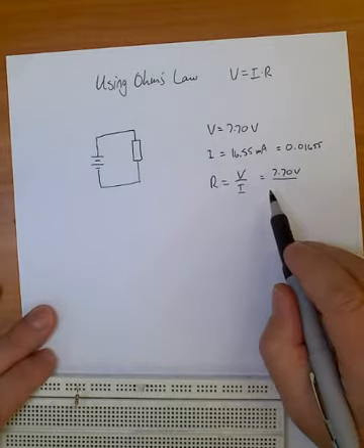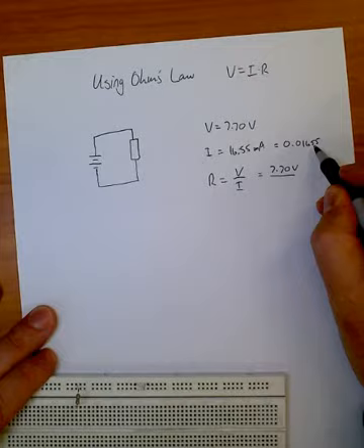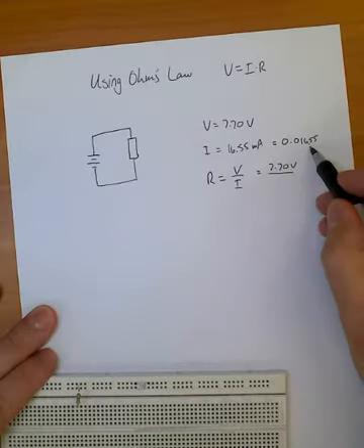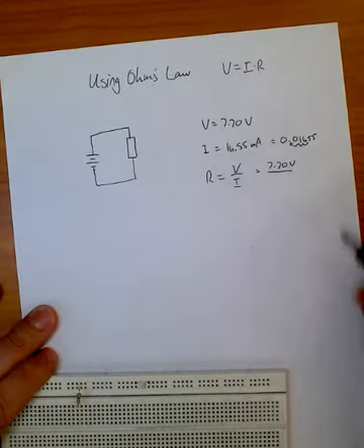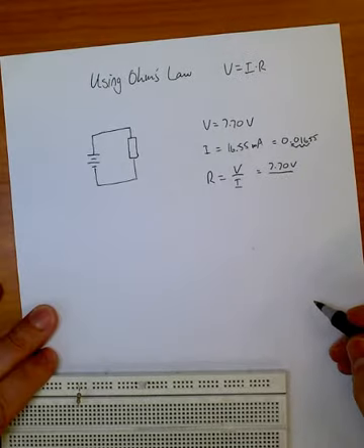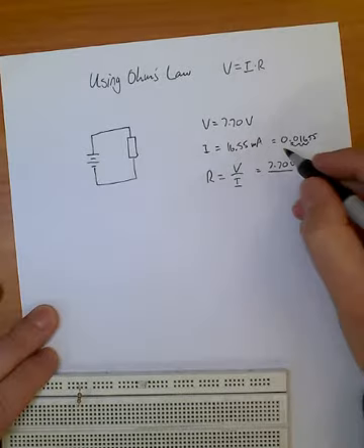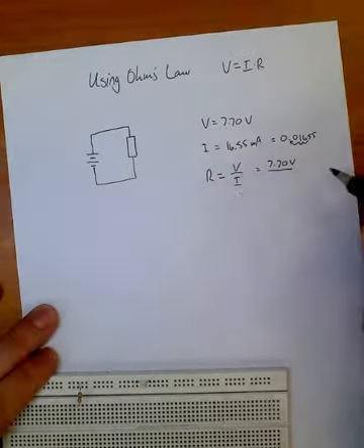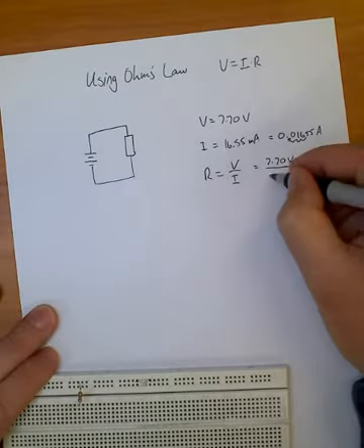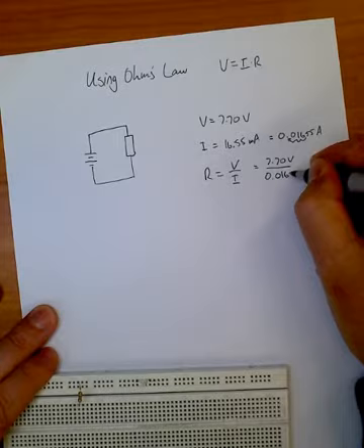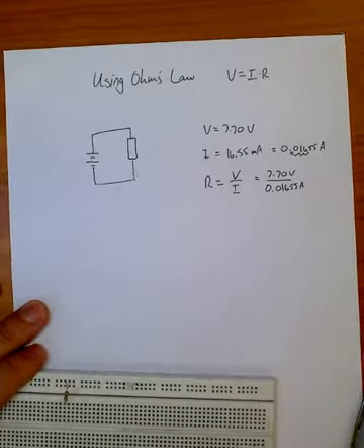The easy way to do that is simply move the decimal point 3 places. So that's where the decimal point was, so I've now moved it 1, 2, 3 places. So I've now got my formula here, R equals V divided by I, which is 7.7 volts divided by 0.01655 amps.